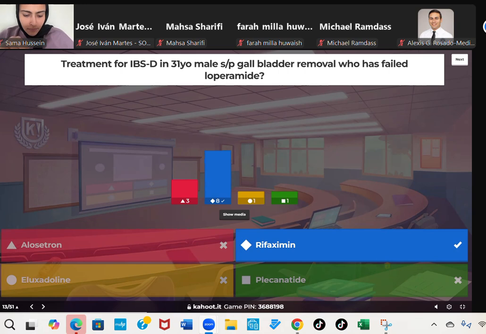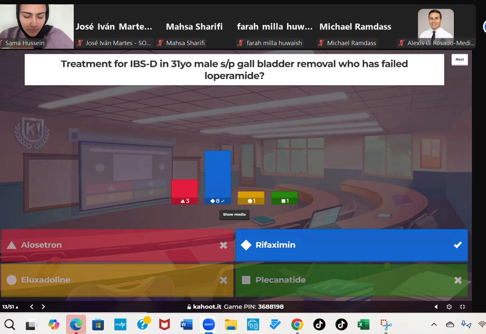All right. So why can't we use alosetron? It's for female assigned at birth. Yep, so it is for IBS-D, but it is only for patients who are assigned female at birth. Why can't we use eluxadoline?